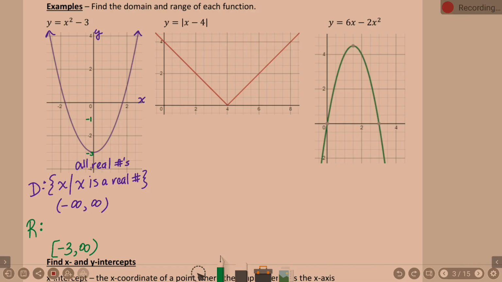Now, let's talk about writing this as an inequality. What is this as an inequality? Obviously, it's going to be in relation to -3. Where's the graph in relation to -3?